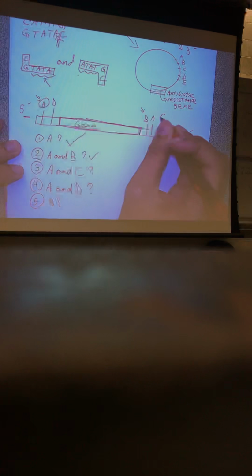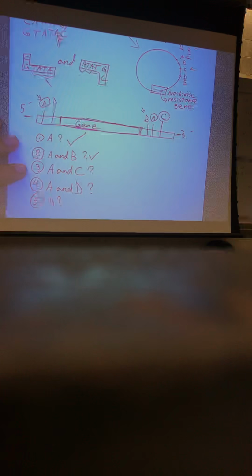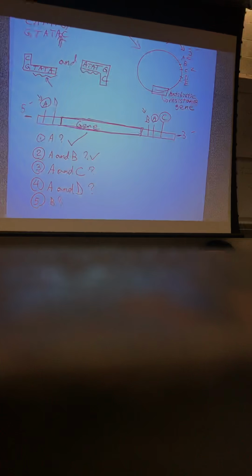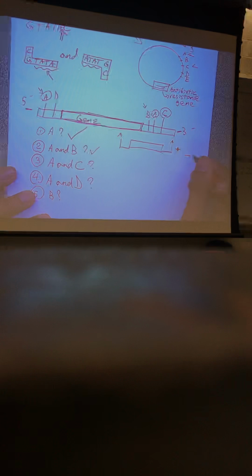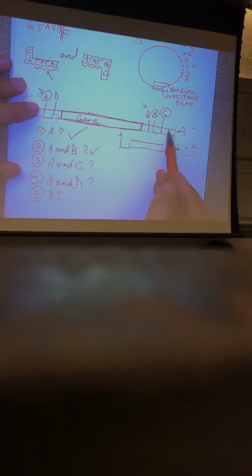Well, here's A, here's C, and there's A and C there. If you use restriction enzymes A and C, what you will create is the following. You'll create a fragment that starts as A, then you have your gene, then you have a fragment that ends in A, plus you have this little tiny piece that starts as A and ends as C. How did that happen? Well, yes, A is on the left and C is on the right, but A right here is a little bit closer to the gene.